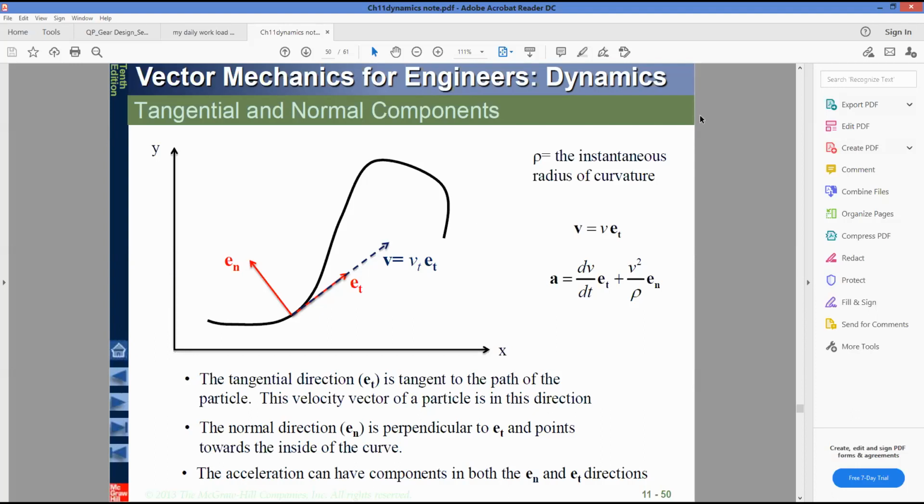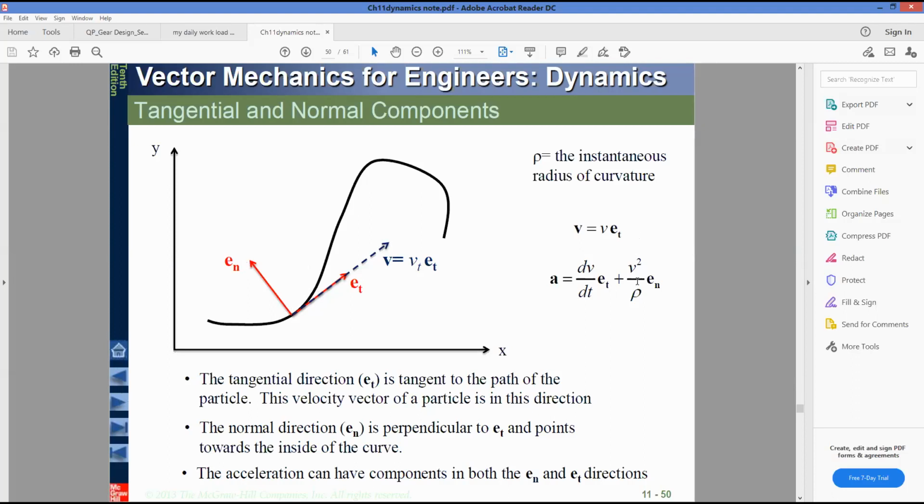See, in this acceleration, here you can see that this one shows you the velocity direction, also the acceleration direction. The acceleration component along the velocity direction is this one, dv by dt. But in a curvilinear motion, there is another normal component.